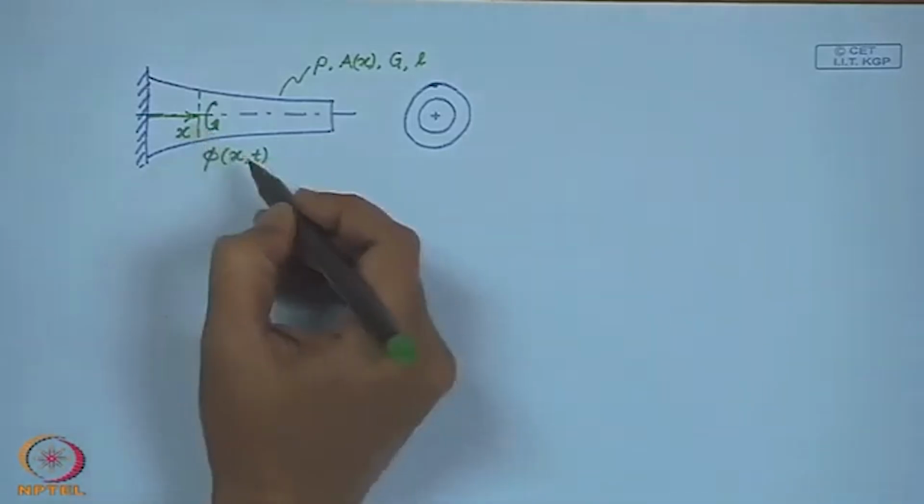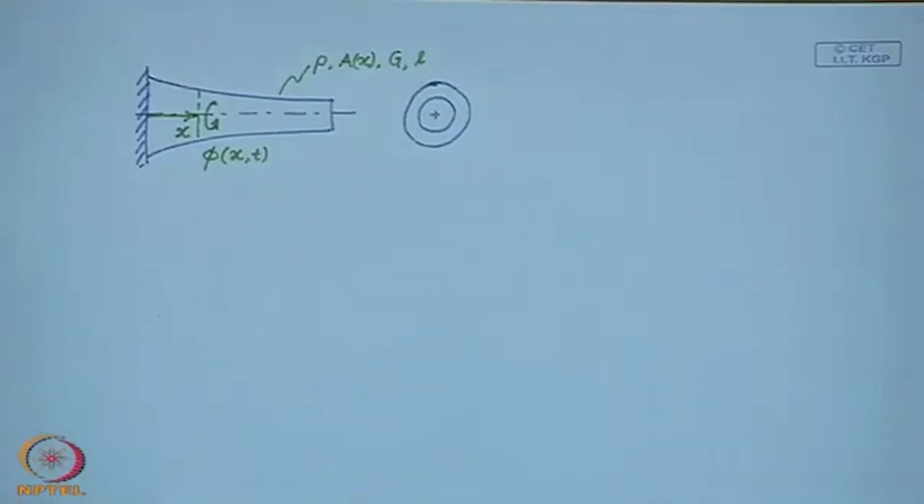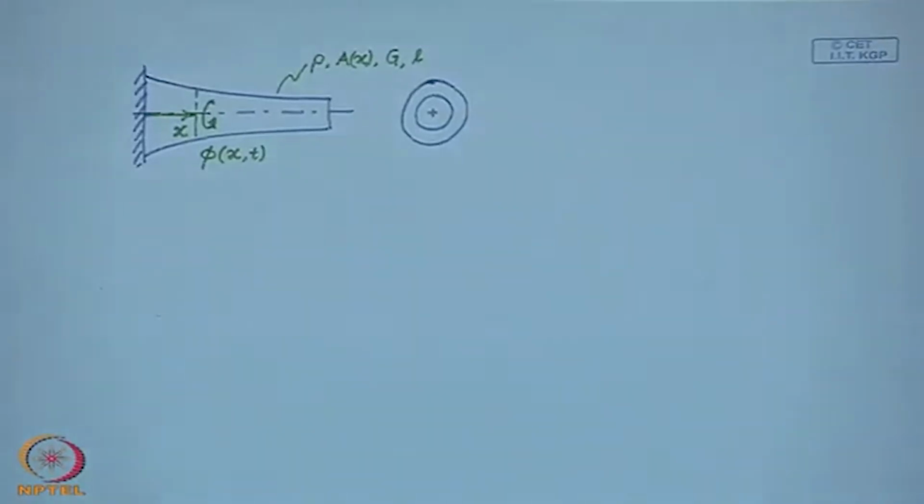So, at any location x at any time t, this is the torsional displacement of any cross section.